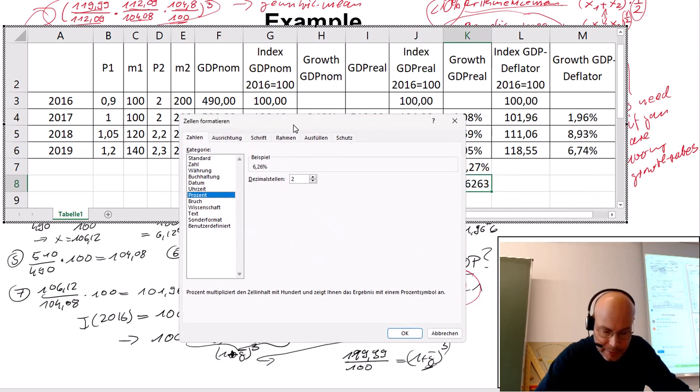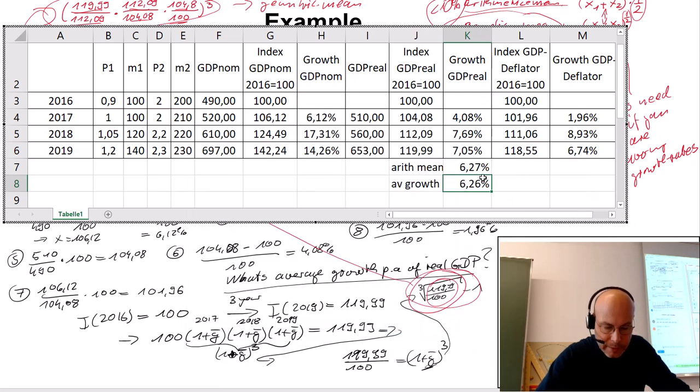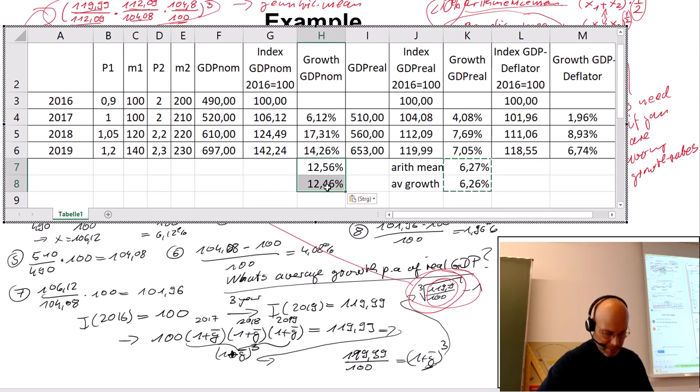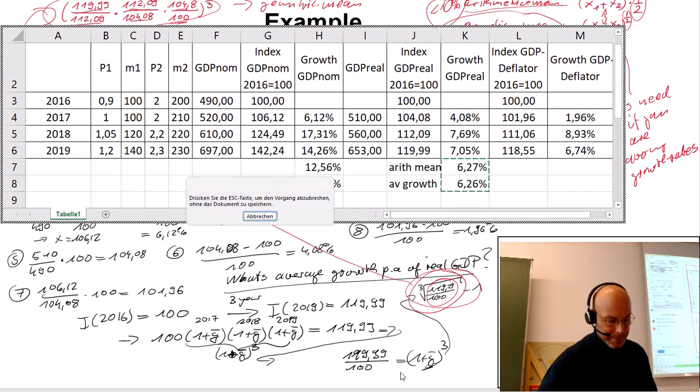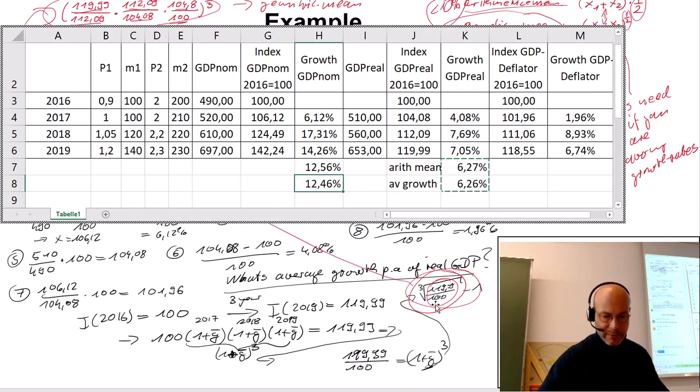Not very much, but we see it here. Because here we have numbers less than 10%, and if we are going to nominal GDP, taking just this column here, then you see we already have a difference here of 0.1 percentage points. And this you should keep in mind. Okay, so that was it for today.